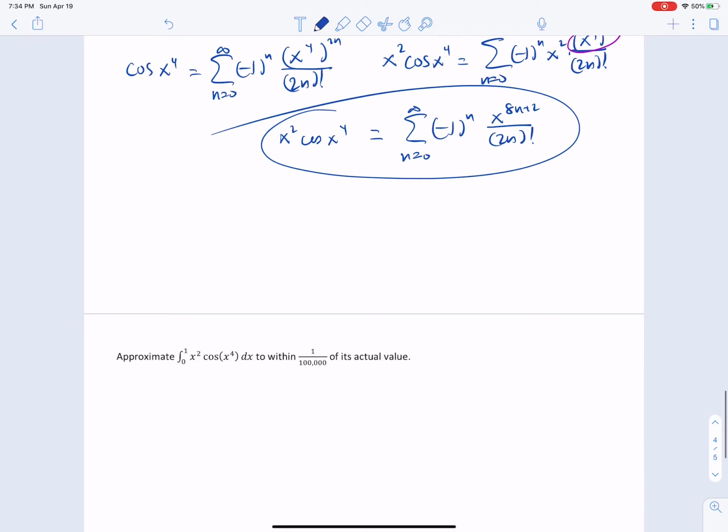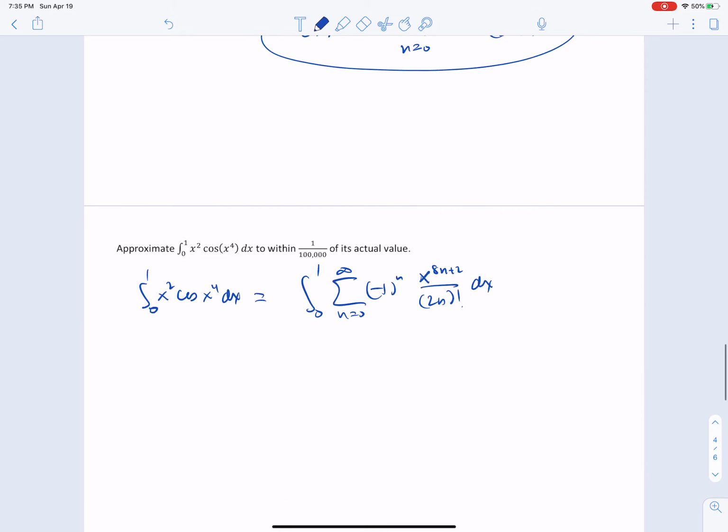We've already done some work here. So the integral from 0 to 1 of x squared cosine of x to the 4th dx is going to be the integral from 0 to 1 of the summation n equals 0 to infinity of minus 1 to the n x to the 8n plus 2 over 2n factorial dx.